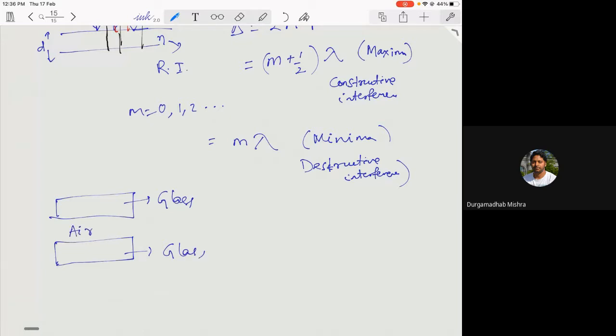It is like I have created a thin film of air between two glass plates. So what do you think would happen to the condition of interference?